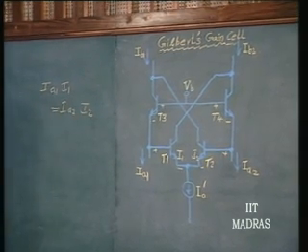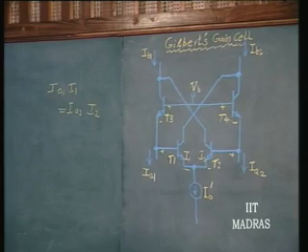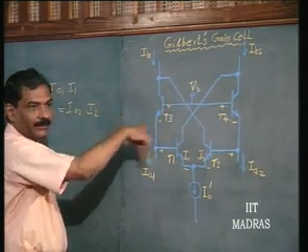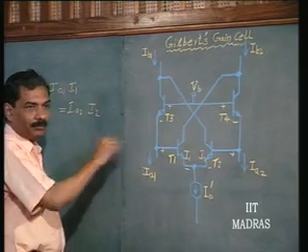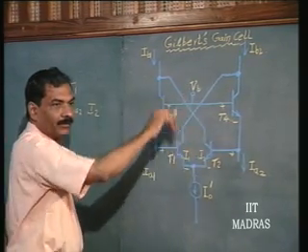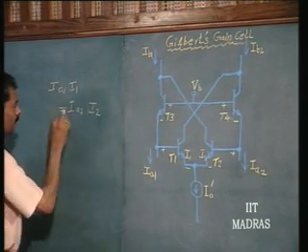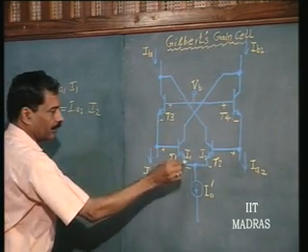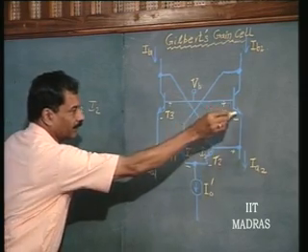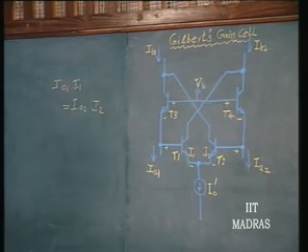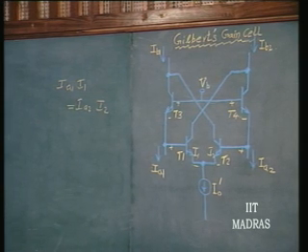Is this understood? Based on translinear principle, current flowing through the counterclockwise diodes, the product of those will be equal to the current flowing through the diodes which are clockwise. So, IA1 into I1 is equal to IA2 into I2. This is the basic current multiplication relationship.